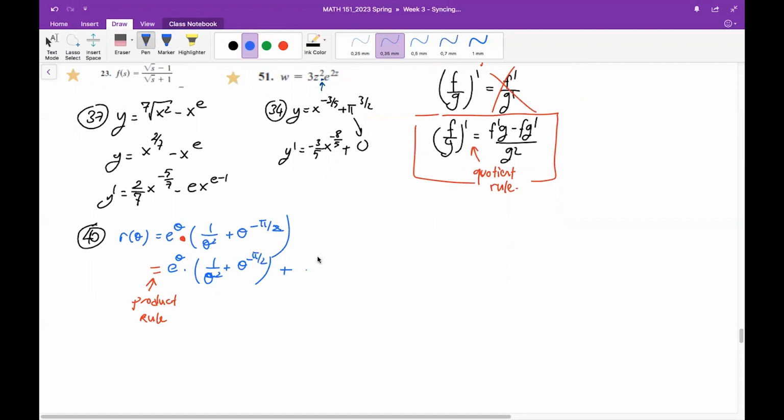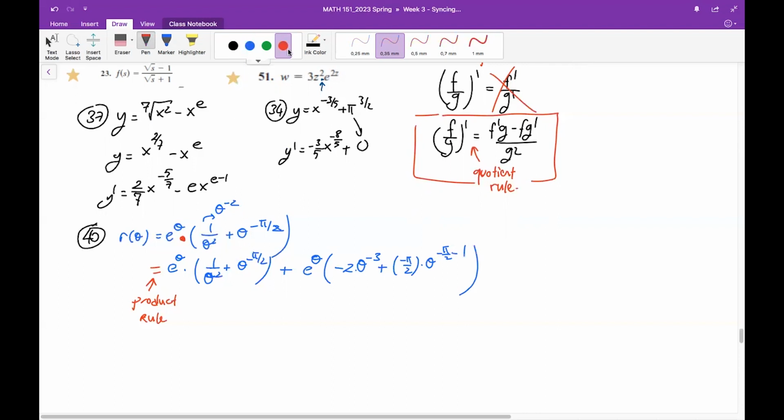Plus, now, first function stays the same, derivative of the second function. You can write this ratio as a power function like theta to the power minus 2. Then minus 2 comes down while taking the derivative of it, and you subtract 1 from the power, plus, again, power, take the power down, subtract 1 from the power, minus 1.